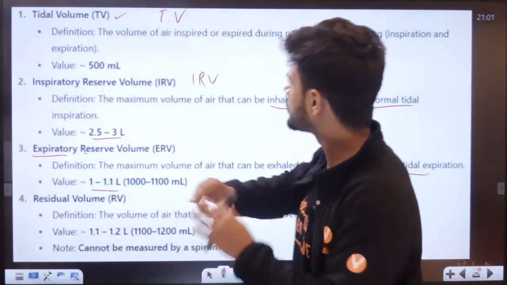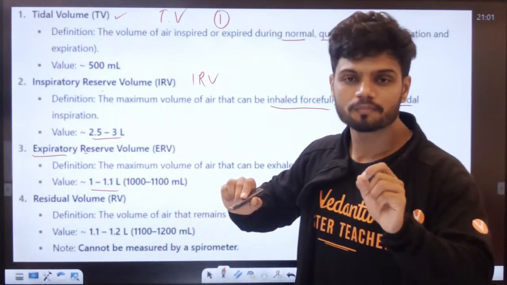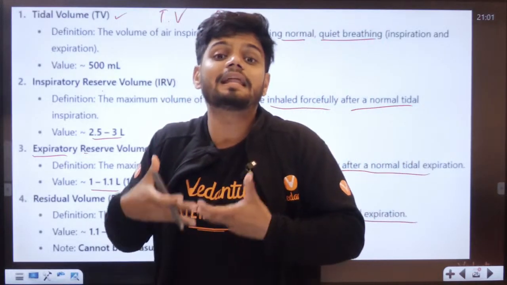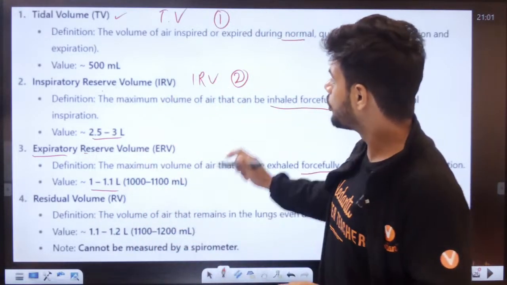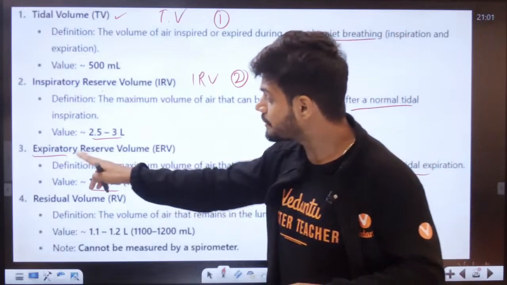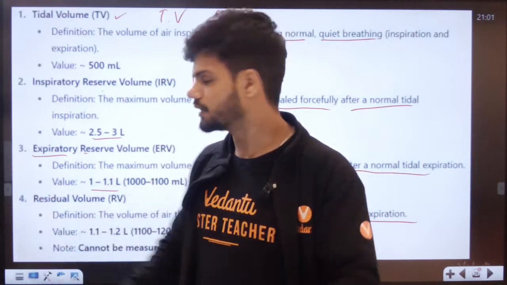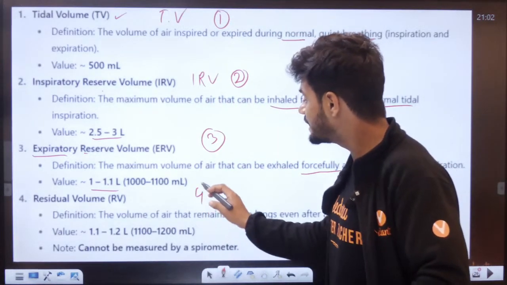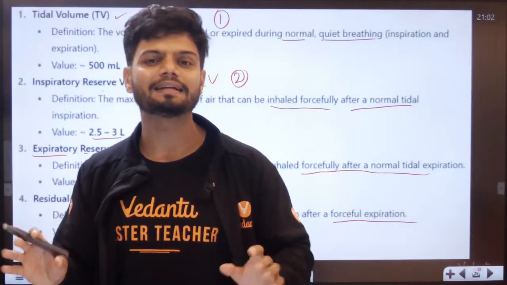So there are 4 different types, students. Point number 1 is tidal volume, normal. Point number 2, if you inhale everything forcefully, is inspiratory reserve volume, IRV. ERV is expiratory reserve volume, where you forcefully remove everything out. That is point number 3. And the 4th is residual volume, the remaining volume inside the lungs at any time.